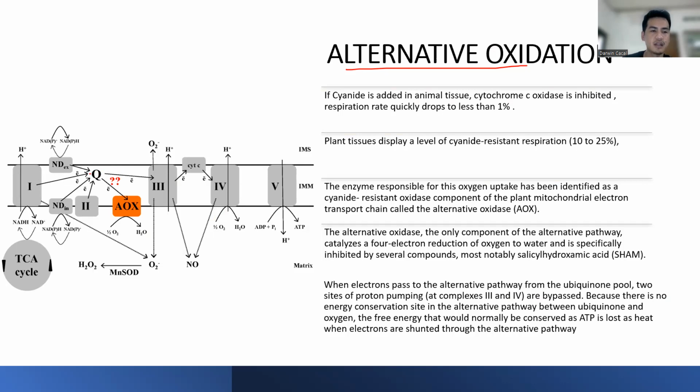Nagre-release siya sa process ng 2, 3, 4, and 5. And at the same time, nagpo-provide siya sa tinatawag nating alternative oxidations. So saan nangyayari ang alternative oxidations? The process of alternative oxidation is found in the mitochondria.